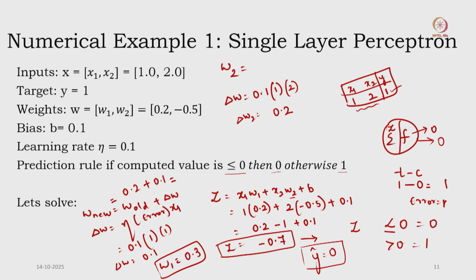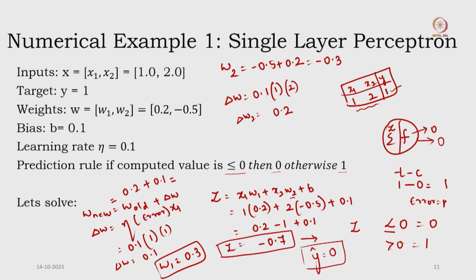So go back and then calculate what is W2 new weight. What is W2 old weight? It is minus 0.5 plus change 0.2. So W2 value what we are going to get is minus 0.3. Can you see here what is it that we have done? Initially the weights were 0.2 and minus 0.5, but those were not the correct weights.